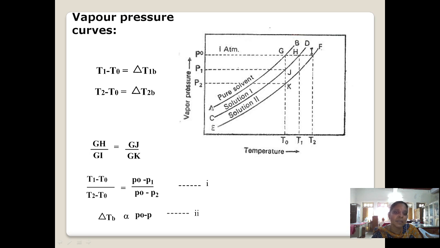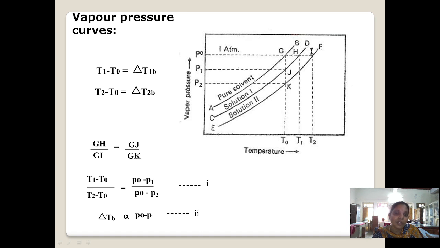That is AB. When the vapor pressure P0 equals 1 atmospheric pressure, it starts boiling. That point is T0, the boiling point of the pure solvent, and this is the pure solvent curve.